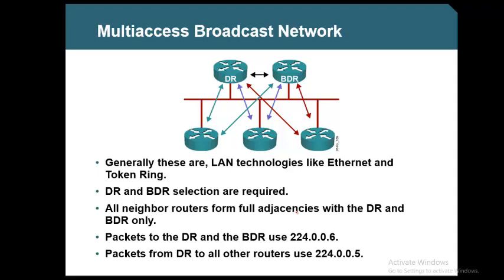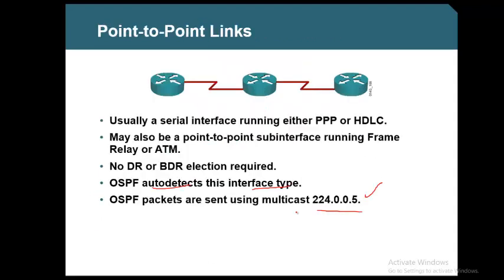Because you don't have any designated router in point-to-point, there won't be any use of 224.0.0.6. OSPF is not going to use it.